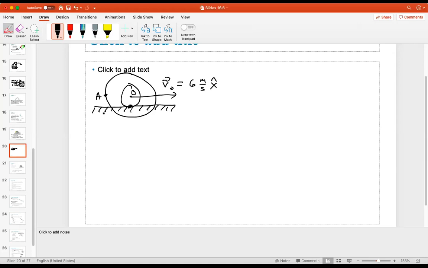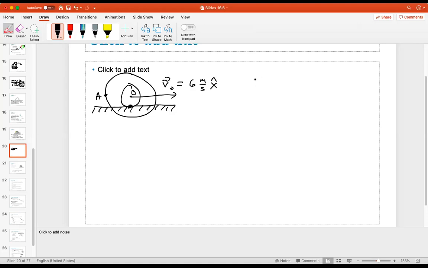What I notice is that this point is not moving, has zero velocity in that instant, which means that this is the instantaneous center. The point of contact is the instantaneous center for this rigid object, this set of gears. That means that I can say two things.